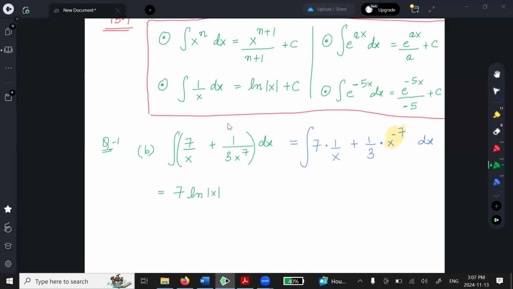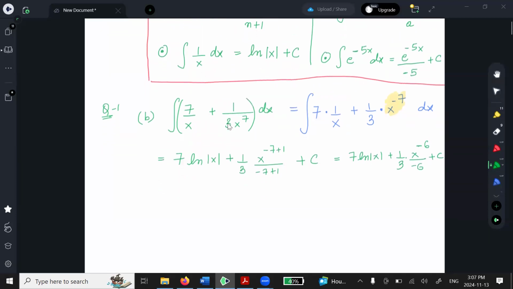What is the integral for x to the power negative 7? Well, you apply the power rule. You add 1. Now be careful with the signs here. I have a negative 7. So I get 7 ln x plus 1 over 3. I got x to the power negative 6 divided by negative 6, right?